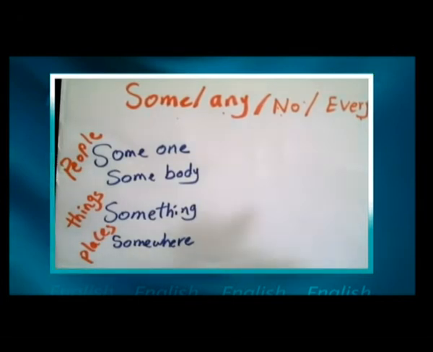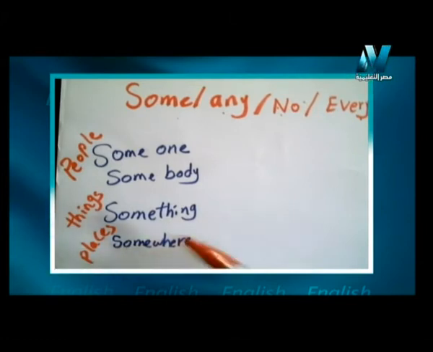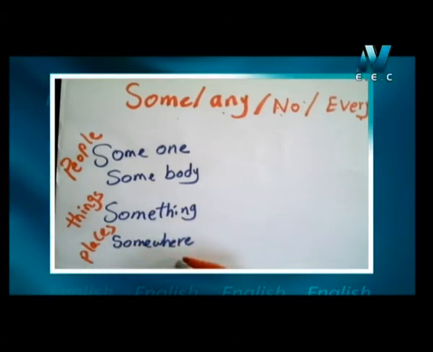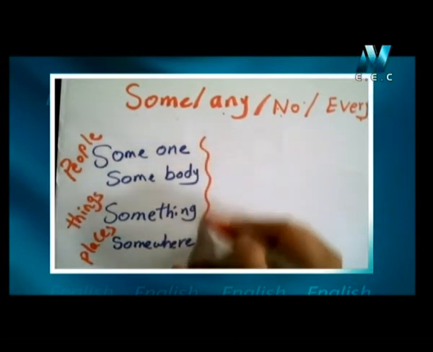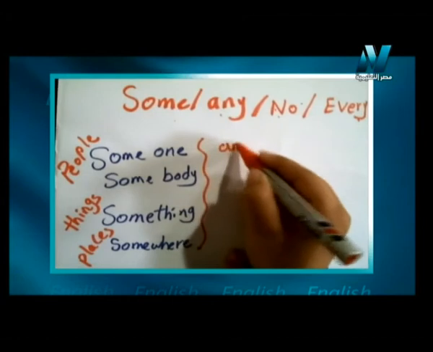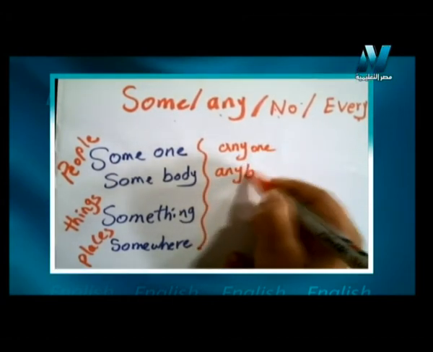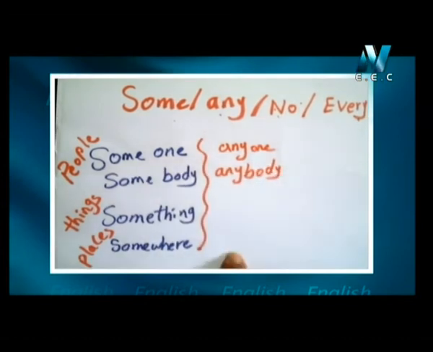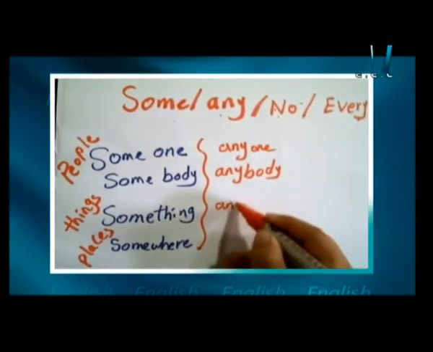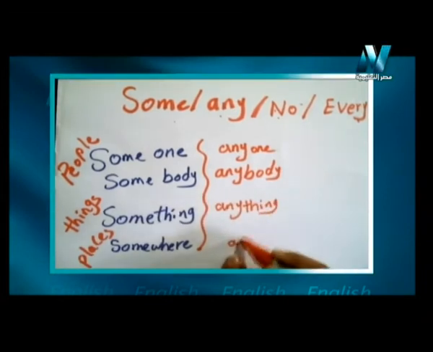Things, I'm saying something. Places, I'm going to say somewhere. This is for some. When I'm using any, for people, it's going to be anyone or anybody. For things, anything. For places, anywhere.